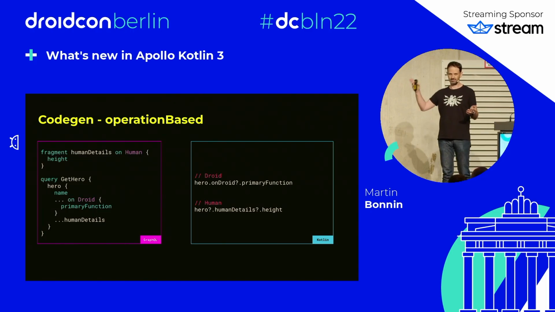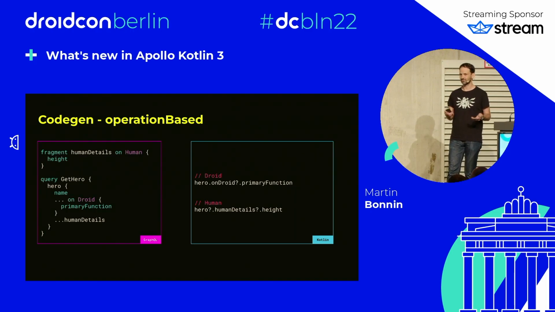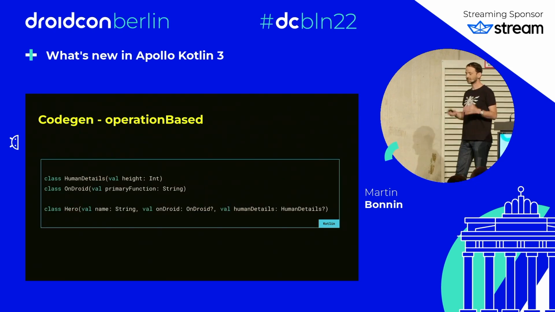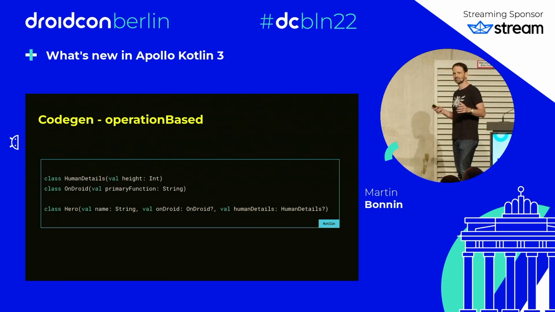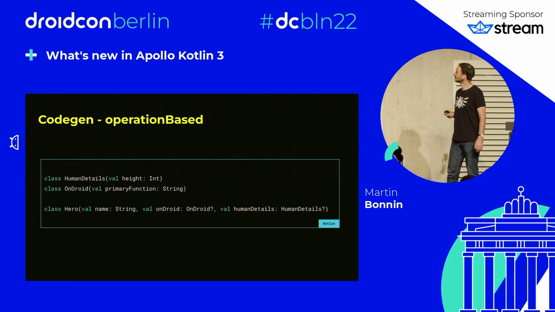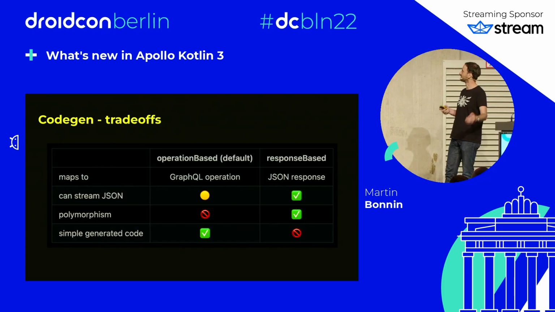So an operation, it's just a GraphQL word to say either a query, a mutation, or a subscription. So it's a generic word. And then you would use it like this. And turns out this is working too, and it's more manageable. You don't get all the type information, but you can still access all the fields you want.